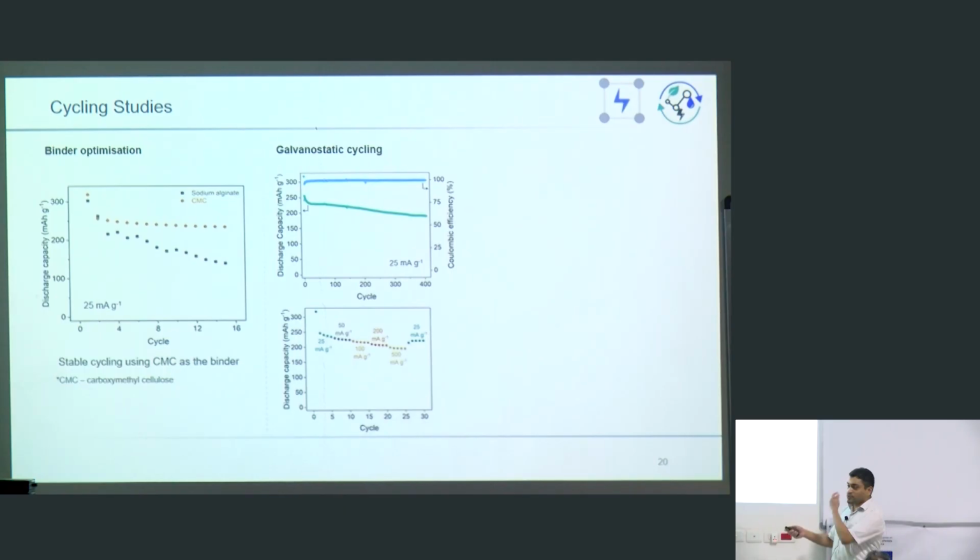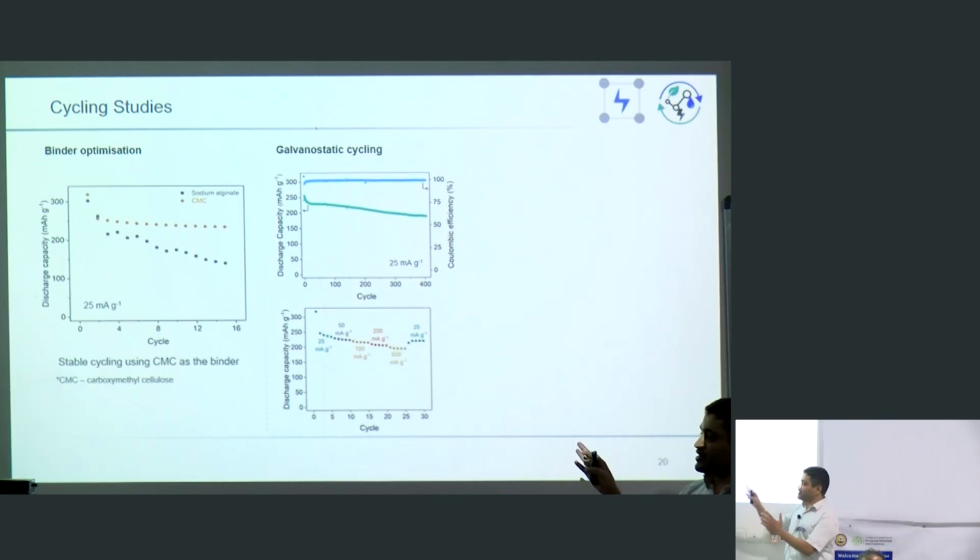So in this case, we start with low current densities, we go up to higher current densities, and then we suddenly go back to lower current densities. So upon lowering the current densities, if you are able to get the same amount of capacities that we had at the beginning, this is a good battery material. So this is an experiment just to validate that.